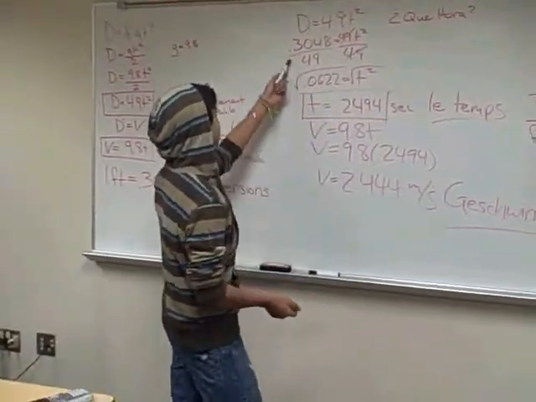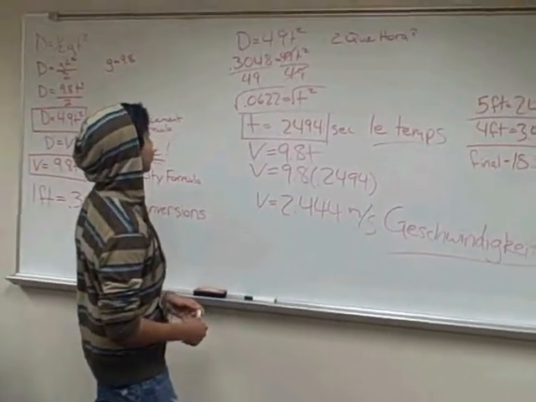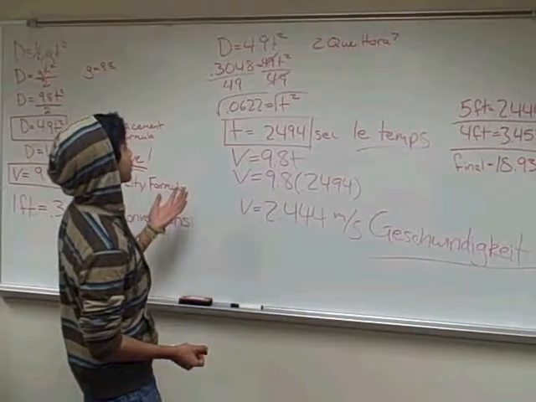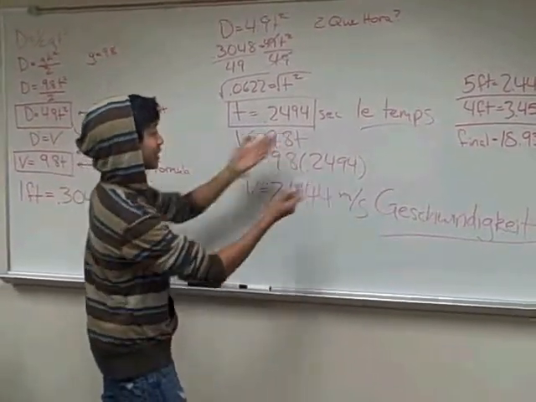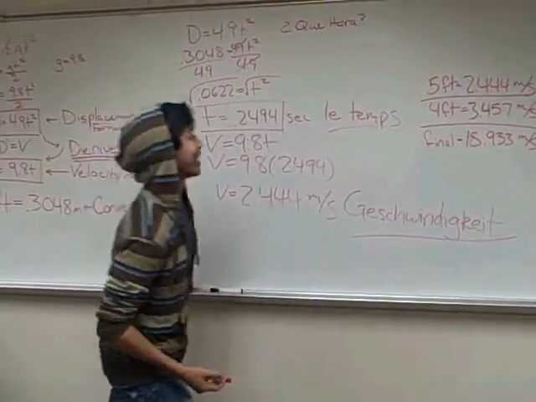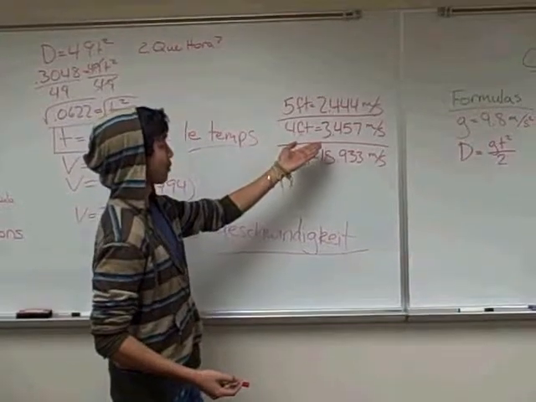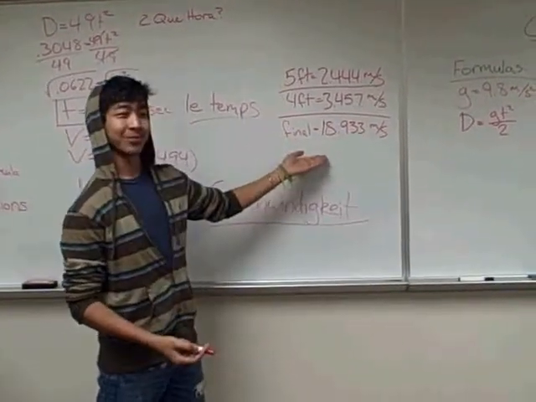So instead of using 0.3048, you'd multiply that by 2 since it's 2 feet, then go through the whole process, get your time, then your velocity, and you get 3.457. And same with your final.